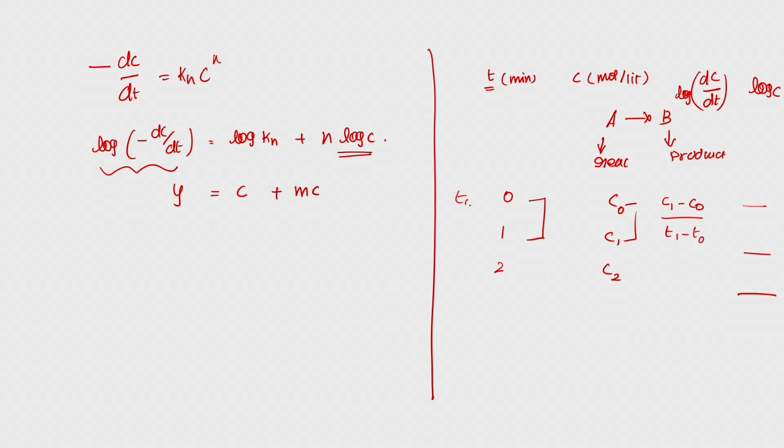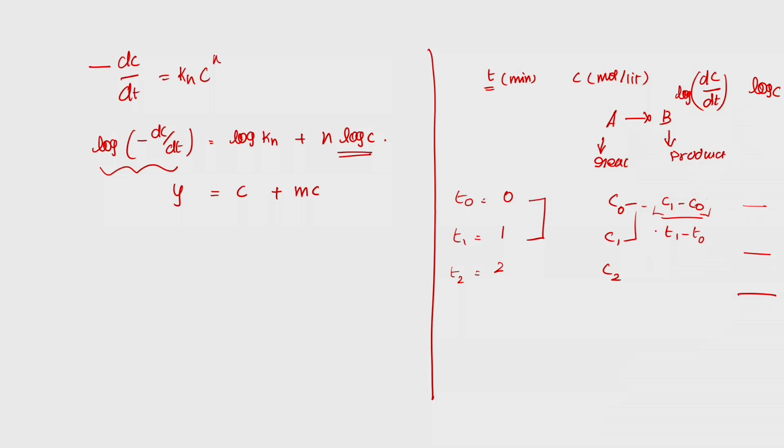So this also I can write: T naught equal to 0, T1 equal to 1 minute, T2 equal to 2 minutes. Remember we are talking about how much reactant is getting depleted. When the reaction proceeds, reactant will be consumed, so C1 is low compared to C naught. That is where this minus comes.